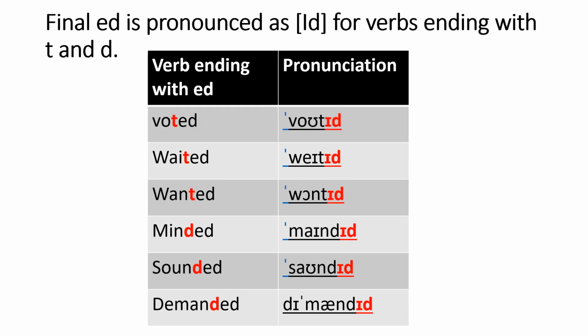For those base forms of the verbs which end with t or d sound, ed will be pronounced as id, such as voted, waited, wanted, minded, sounded, demanded.